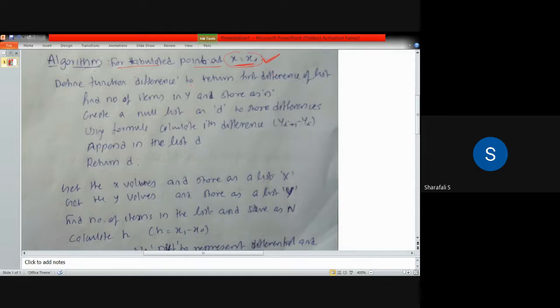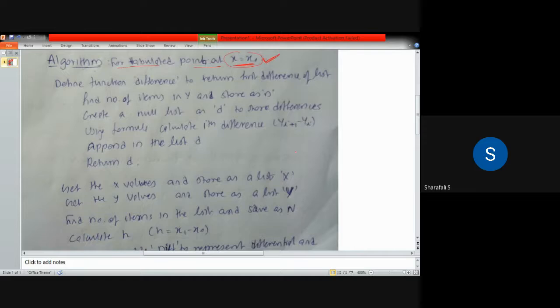Okay. So in that case, I think it is better I will write that particular equation here for the tabulated case. So we already know that equation.